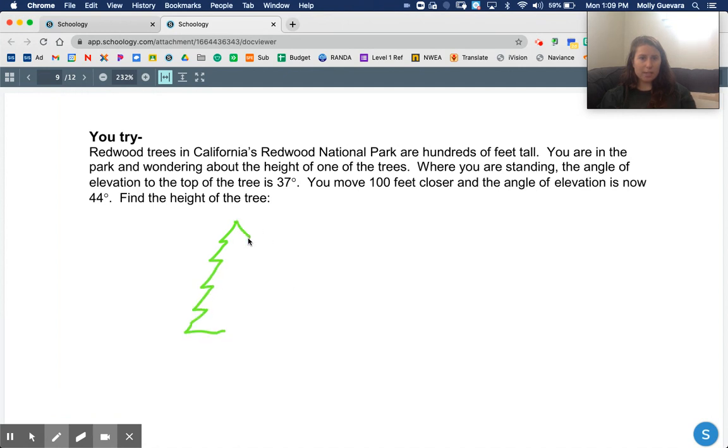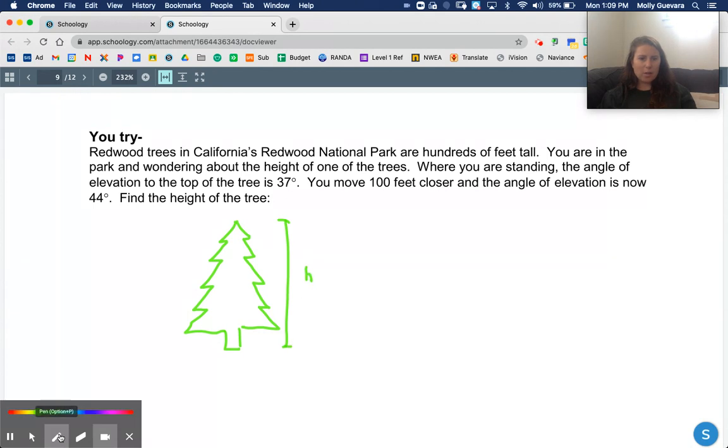Okay, so here is the tree. Not my worst drawing. Okay, there's the tree. I want to know the height of the tree. So you're here, and you look up at the top of the tree. Oh, this is going to be the hard part. Close enough.